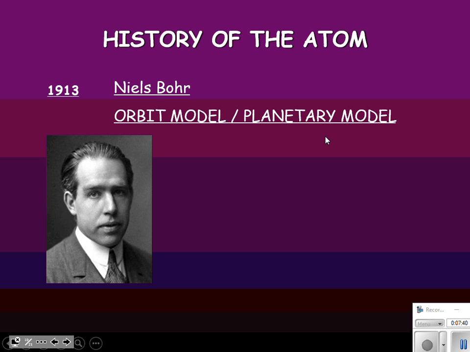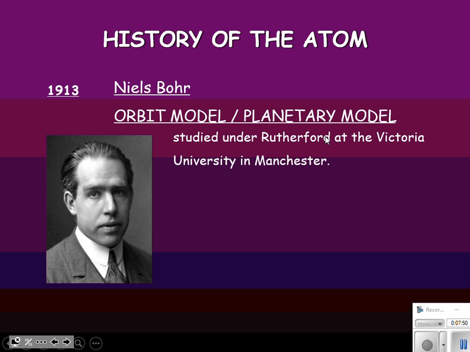Bohr said that, yes, we have this nucleus, but the electrons are orbiting the nucleus much like the planets are orbiting the sun. That's why he called it the planetary model.